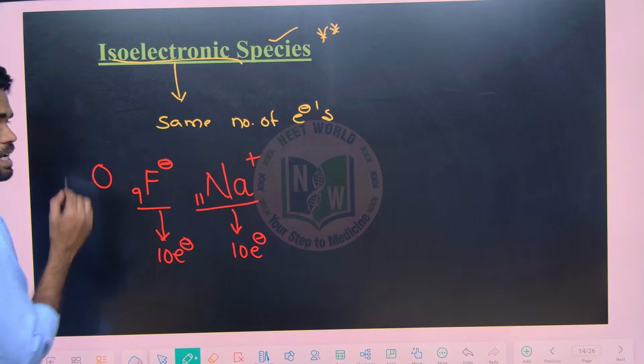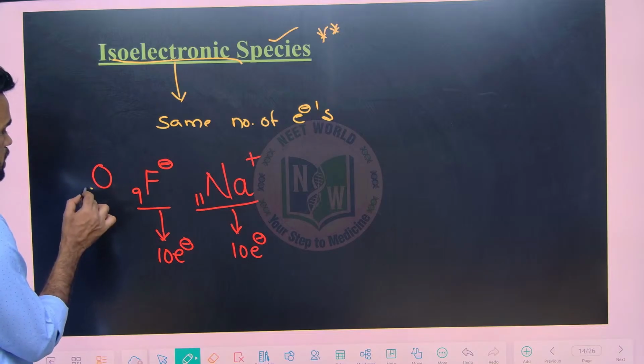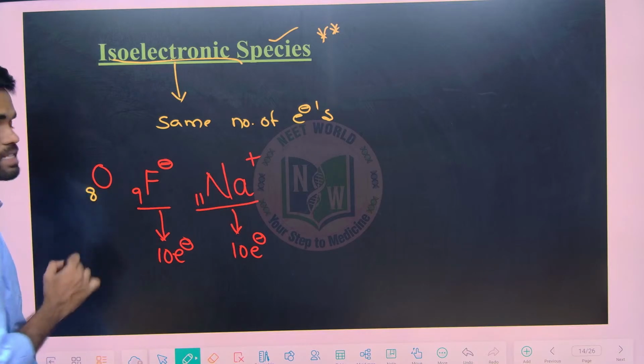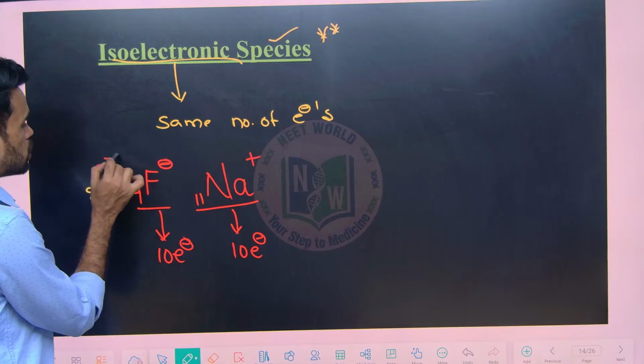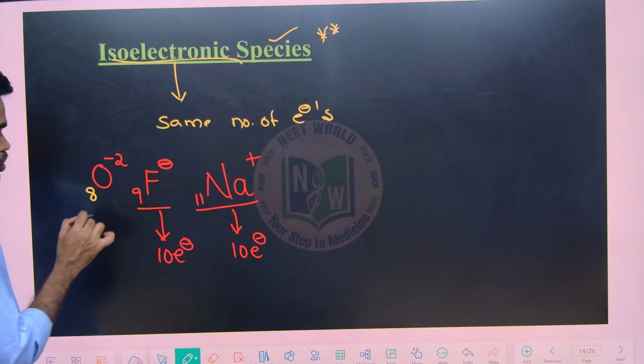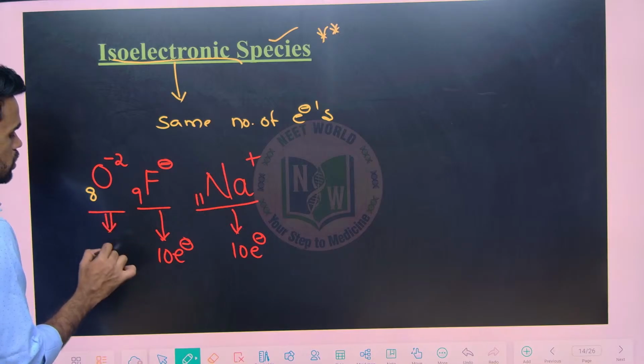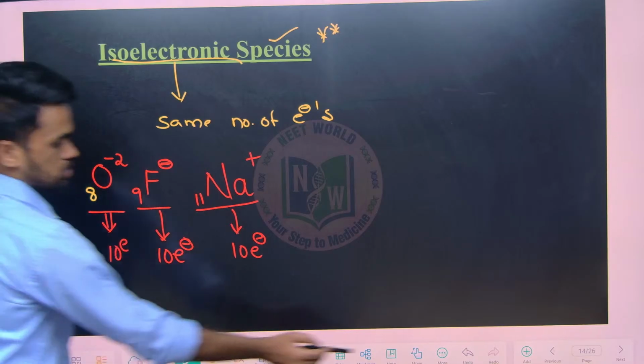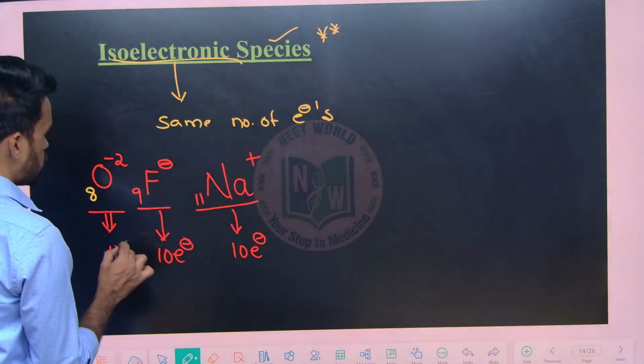Similarly, when you consider oxygen, the atomic number is 8, so it has 8 electrons. By adding 2 more electrons, it becomes O2-. Now check how many electrons are there. 10 electrons are there here also.